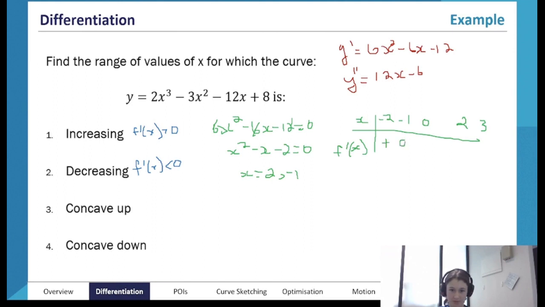It's going to be 0 here, negative in here, 0 again at 2, and then positive again at 3. So what this tells us is that the function is going to be increasing.